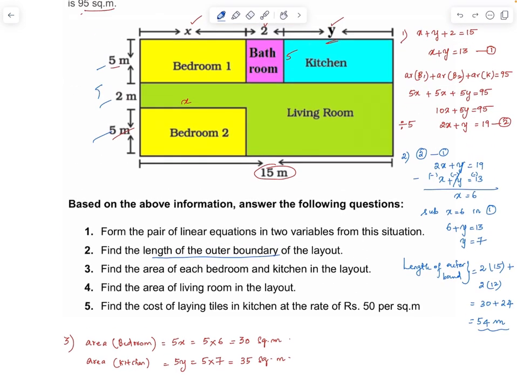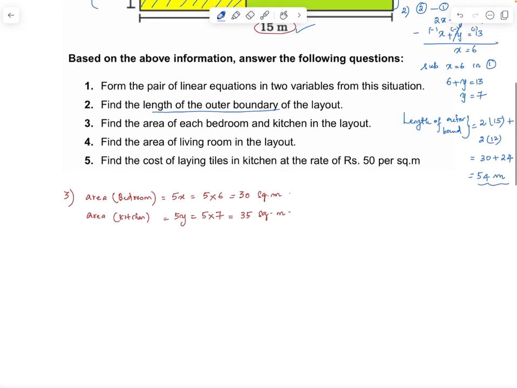Suppose if we consider this rectangle, the dimensions of this rectangle is 15 meter and the breadth is 2 plus 5, which is 7. From this rectangle, if we eliminate this bedroom's area, then we get the living room's area.